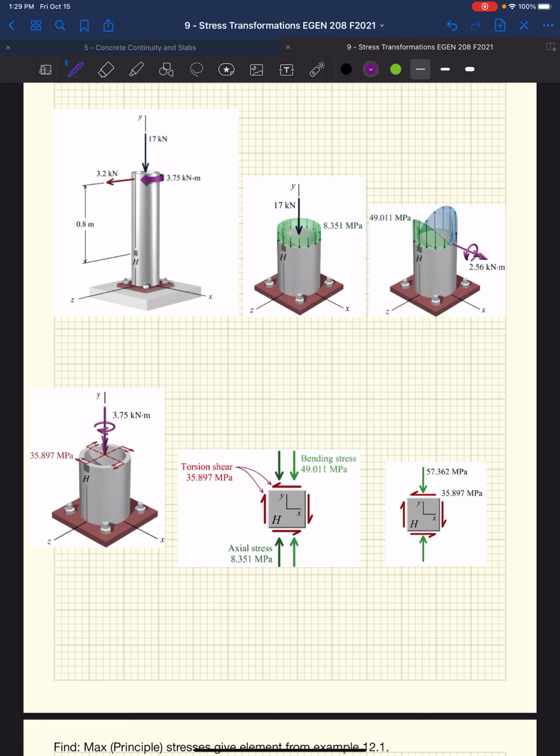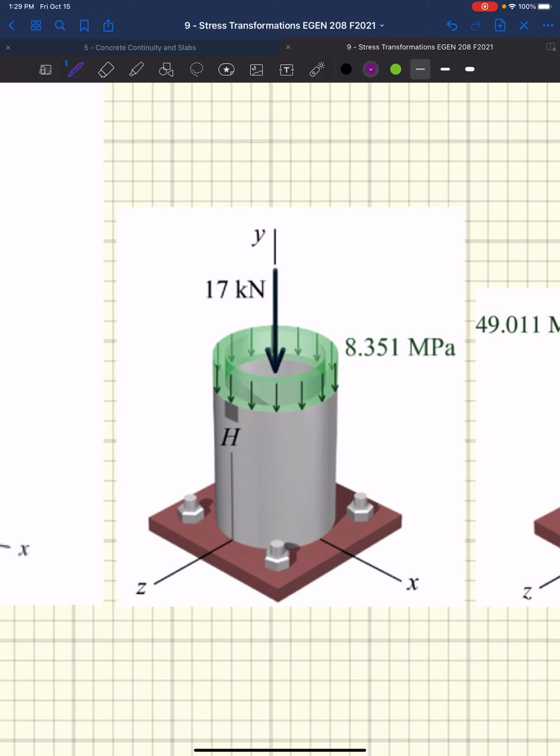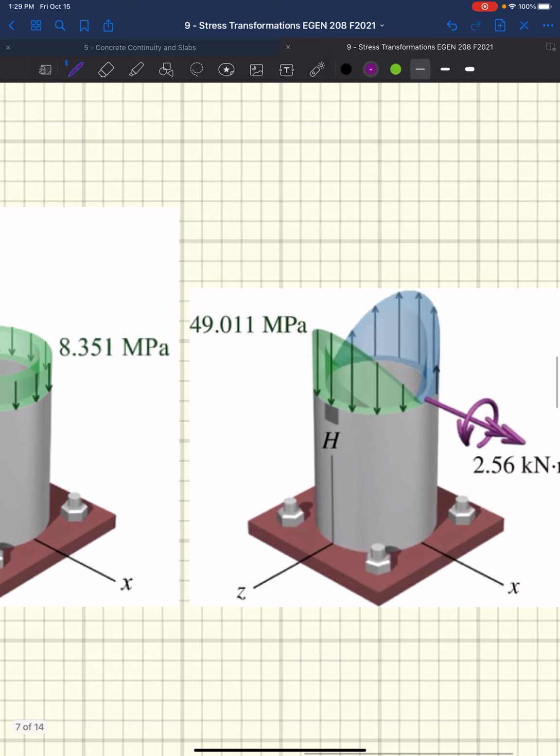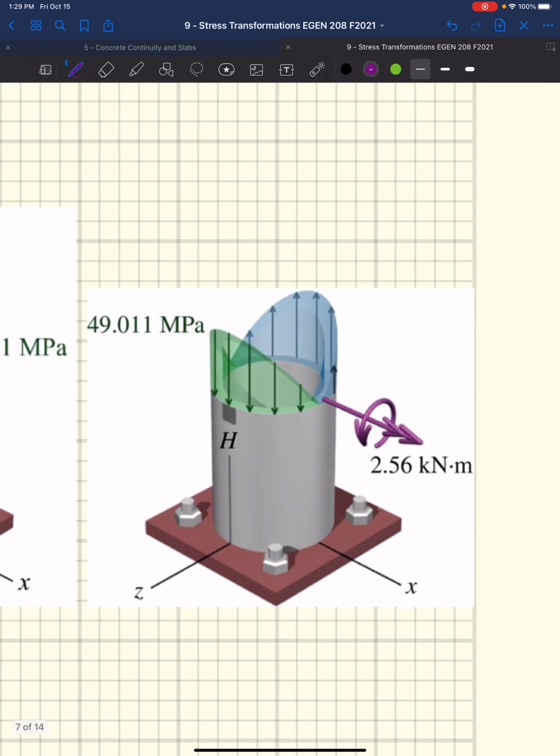So axially, we have this uniform axial stress that acts over the area, force over the area. So if this was 17 kilonewtons, we'd have a stress of a little over 8 megapascals based on the area. Bending, okay, which is essentially just a moment perpendicular to the axis of the member, creates both compression and tension, linearly distributed from what we will call the neutral axis, which we'll get to.